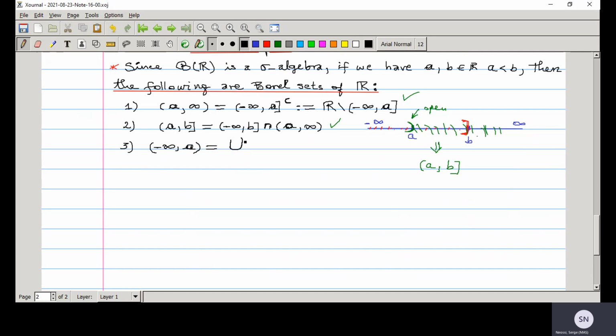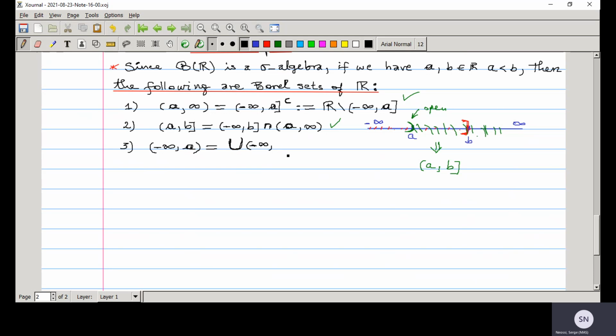When you say arbitrary union, any type of union, provided you have your result. Not necessarily countable, but it can also be countable. So if we take this interval, to be sure that it remains negative infinity in our union, we keep this part, negative infinity.